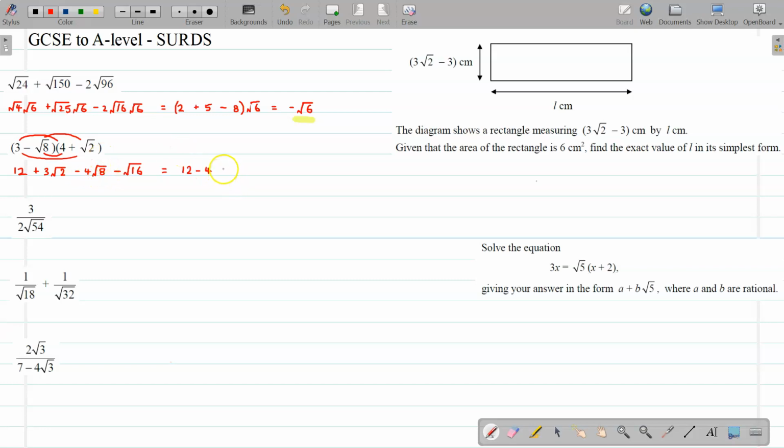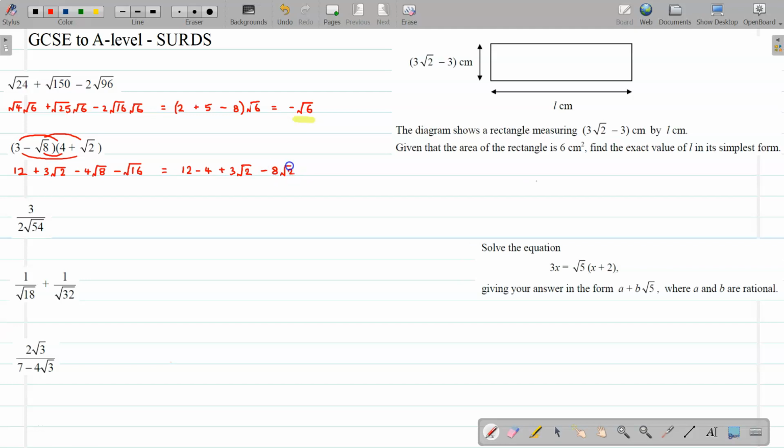Now, you should know that they can both be written in terms of root 2. So I've got plus 3 root 2. And the root 8 is actually root 4 root 2, which is 2 root 2. So I've got minus 4 lots of 2 root 2, which is minus 8 root 2.